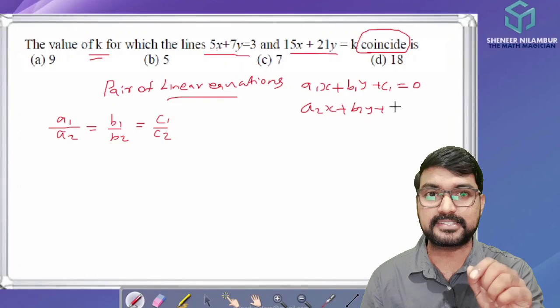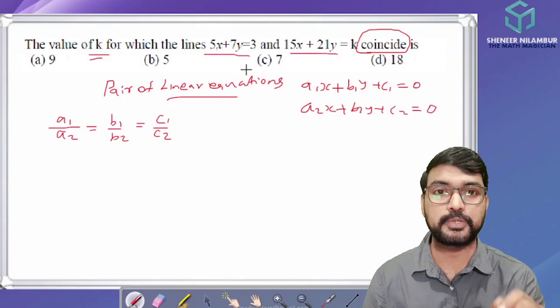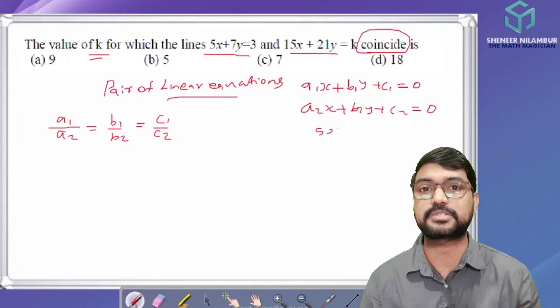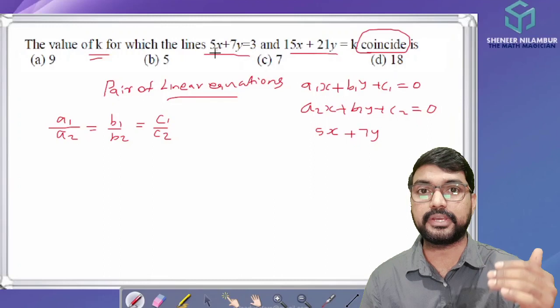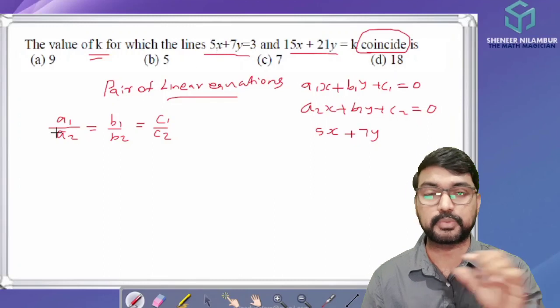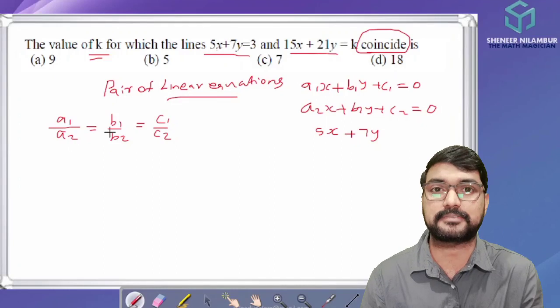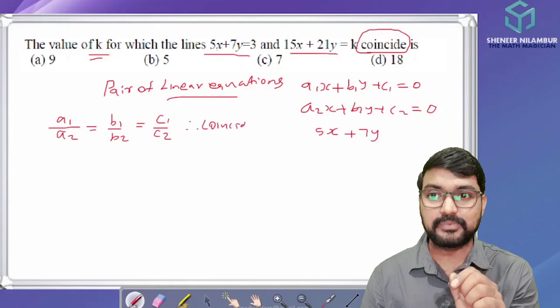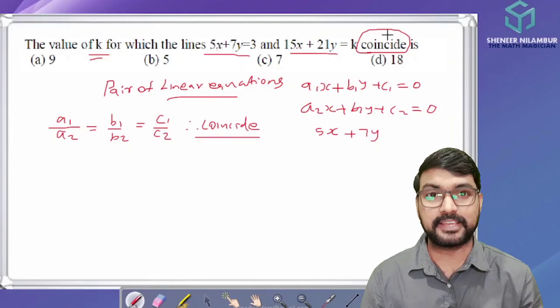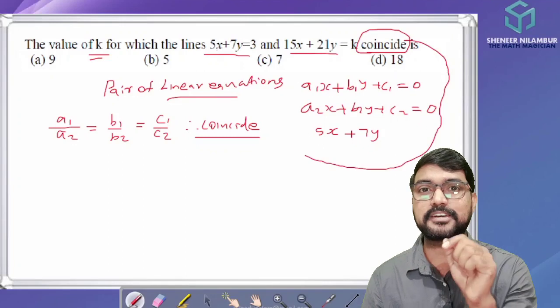So you understood what a1, b1, c1 are, the first equation's coefficients. What are a2, b2, c2? The second equation's coefficients. If their ratios, that means a1 by a2, b1 by b2, c1 by c2, are equal, then the lines are coincident. As in this question it is given that these two lines coincide, therefore we can write a1 by a2 is equal to b1 by b2 is equal to c1 by c2.